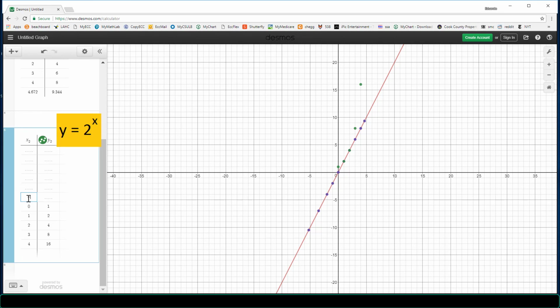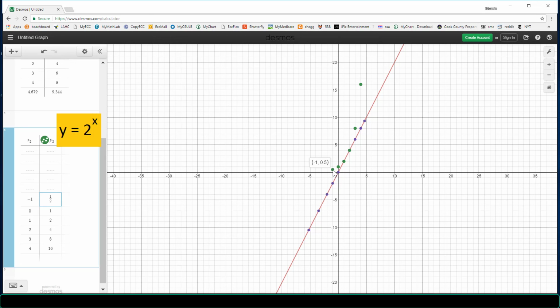So if we type in a negative 1, then this is going to be 2 to the power of negative 1. And 2 to the power of negative 1, the way we deal with that negative 1 is to flip it underneath 1. So this whole thing becomes 1 over 2, or 1/2. And so that creates this little dot right in here.